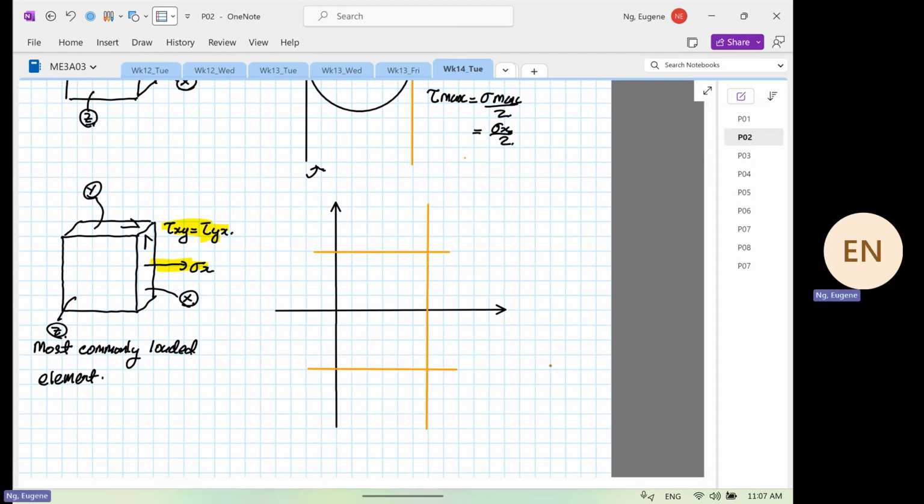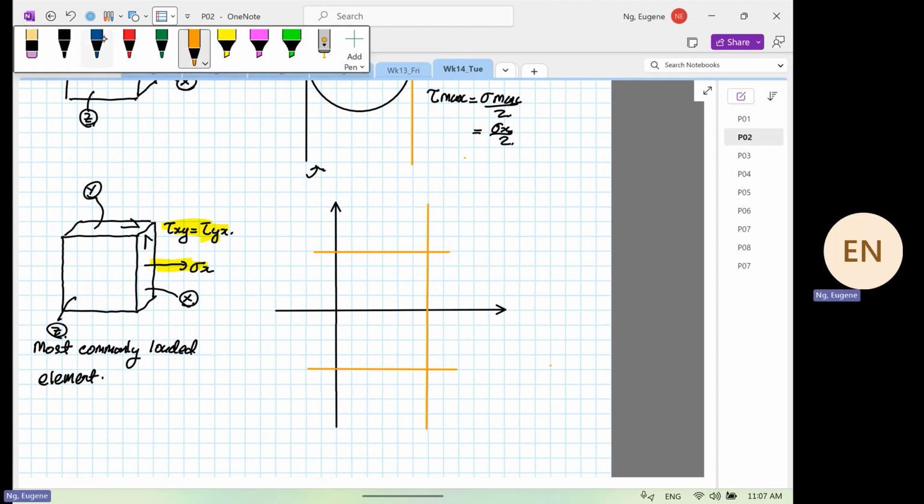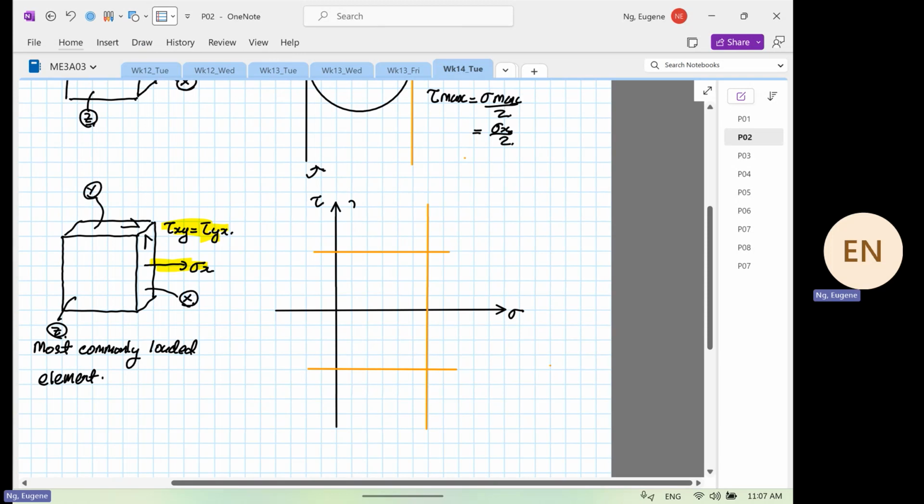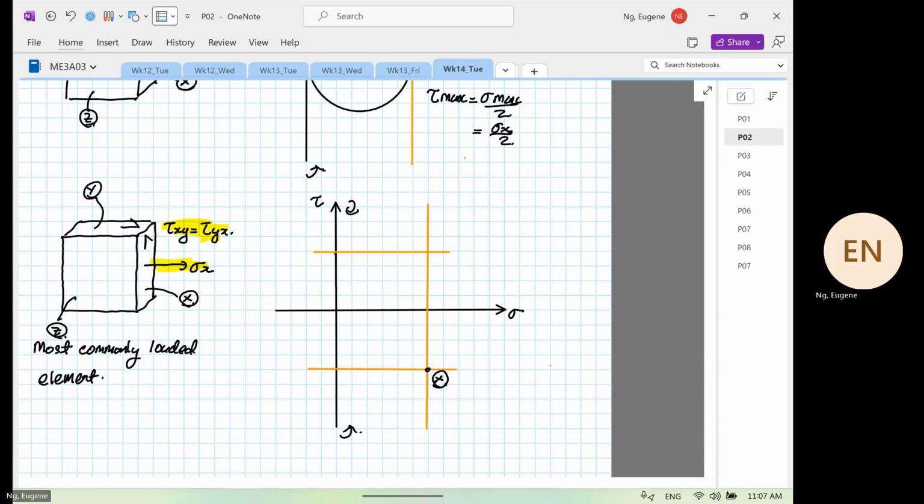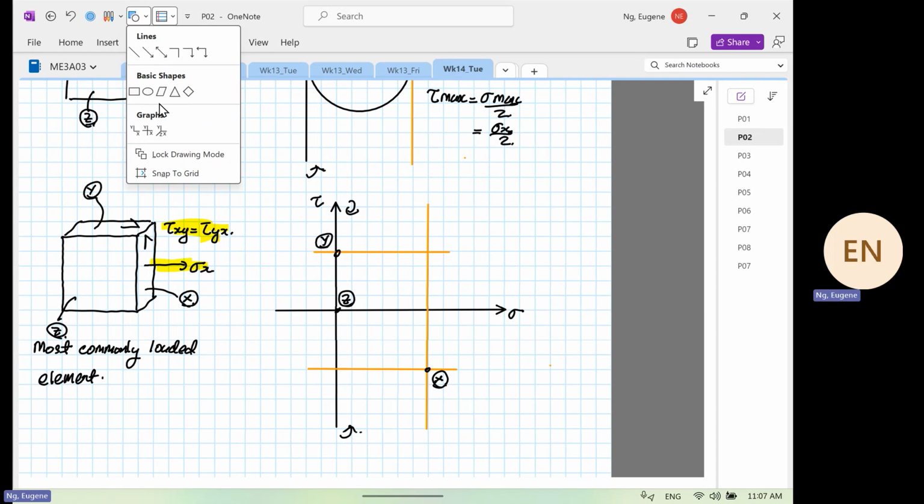So this will be your normal stress, shearing stress, element rotate clockwise, element rotate anti-clockwise. This is your point X, this is your point Y, and over here, this is your point Z. So from here, we can sketch our Mohr circle.